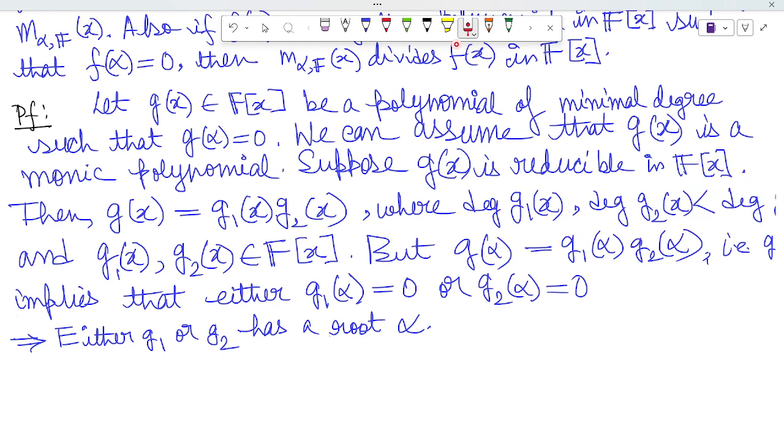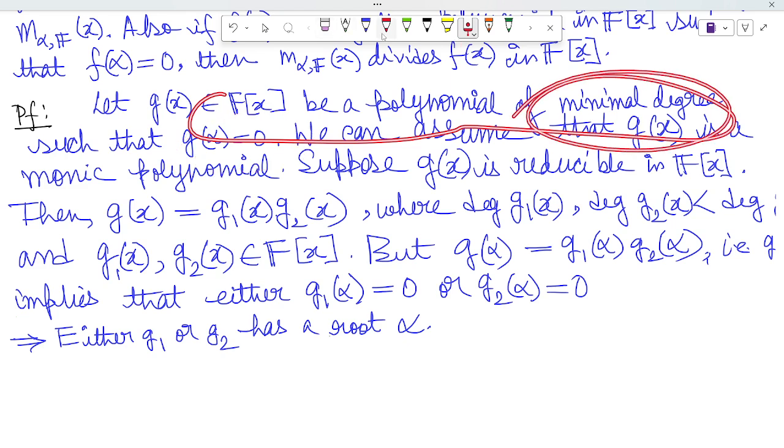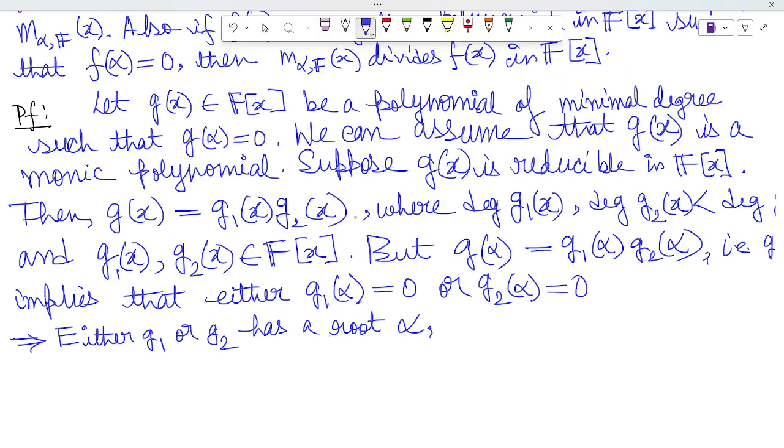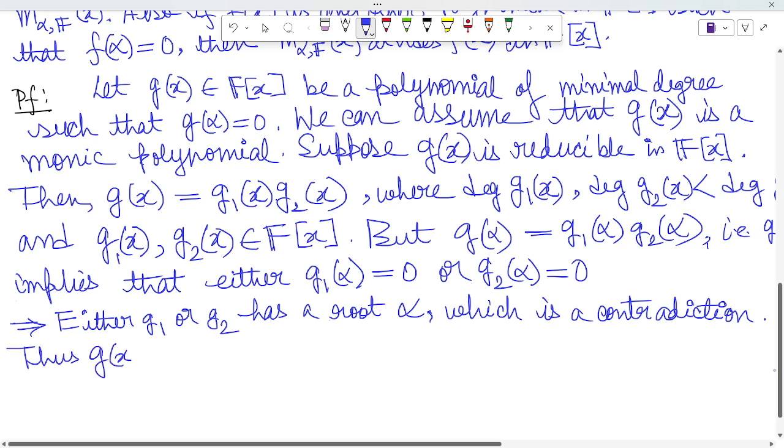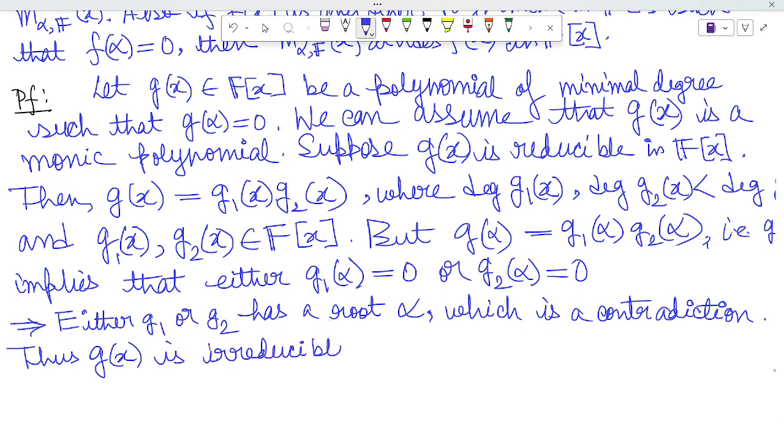So I can find a smaller degree polynomial than g which has a root at alpha. This is a contradiction because I started with g to be a minimal degree polynomial. Thus g(x) is irreducible. So we get the irreducible polynomial here.